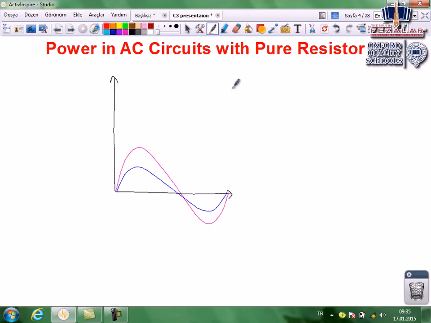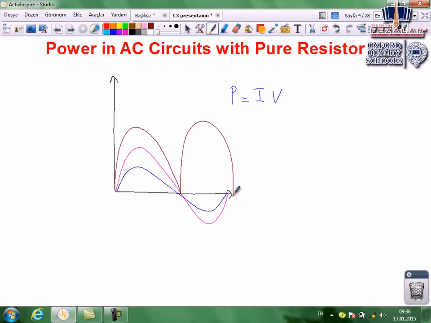Remember, power is calculated by I times V. Power is calculated by the product of current and voltage. So when we draw the curve of power, positive times positive will be positive, negative times negative is also positive, meaning power will always be positive.